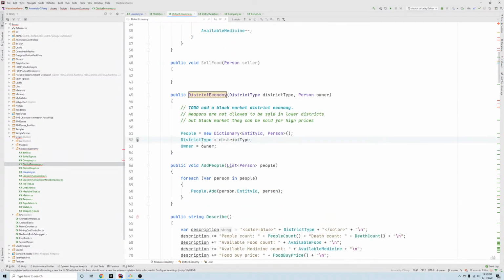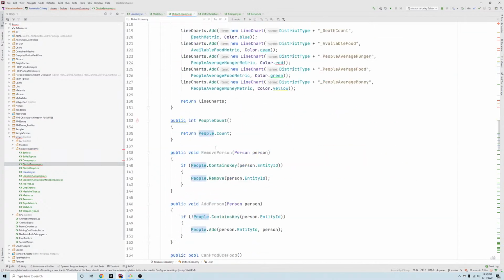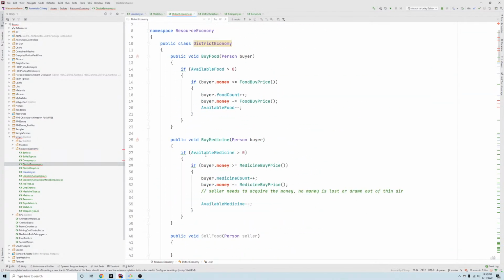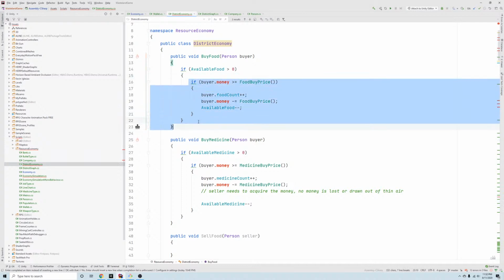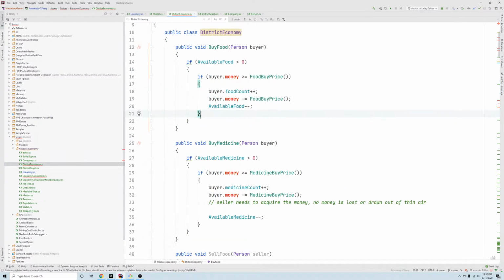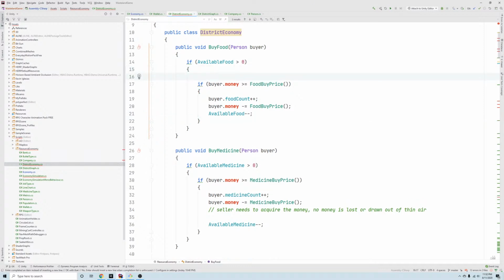And now that we have an owner, this logic can be updated. And I'm not gonna handle failures. Actually, I should handle failures. So let's see what this looks like. Buying food.